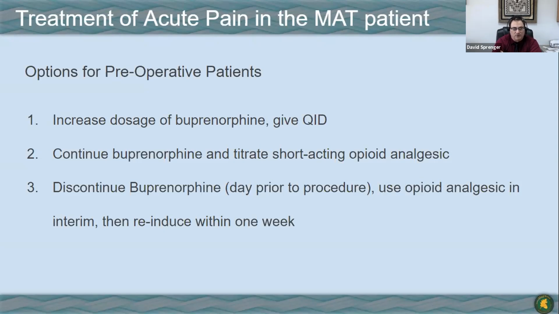Again, it's a very powerful analgesic in its own right, and many times is adequate if you increase the dose. Also, giving it more frequently, giving it QID, tends to give better pain control.